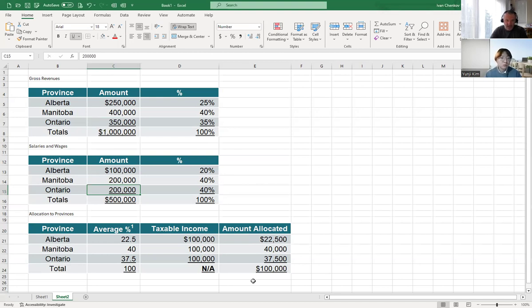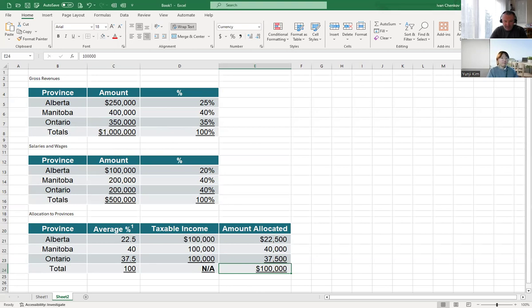Now, how are we going to allocate taxable income? Taxable income is 100,000. How are we going to allocate that income based on the different provinces and the different percentages we have in those provinces?